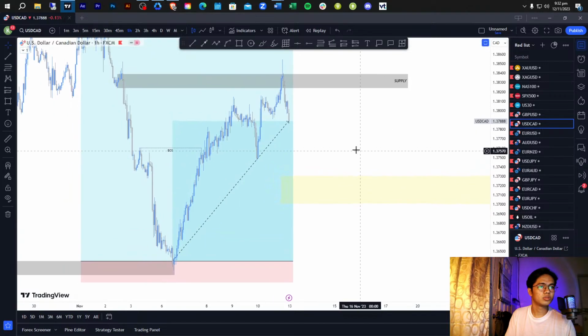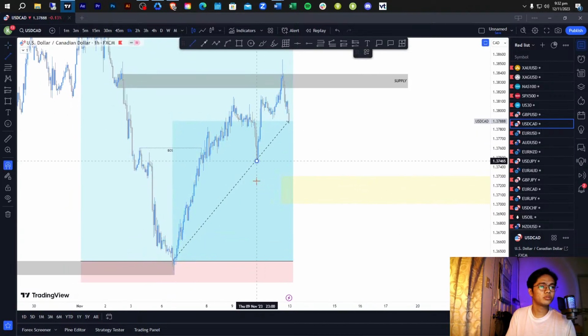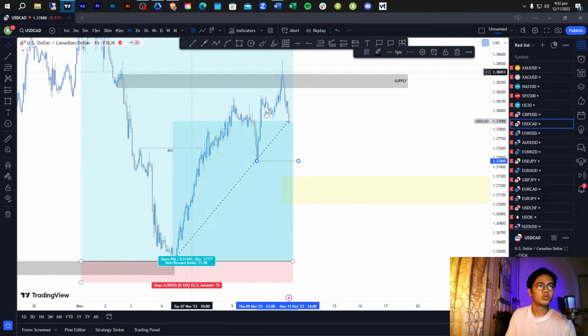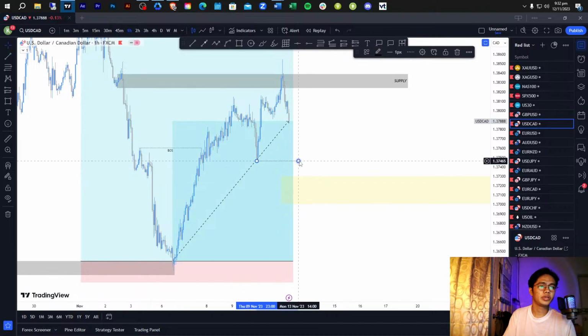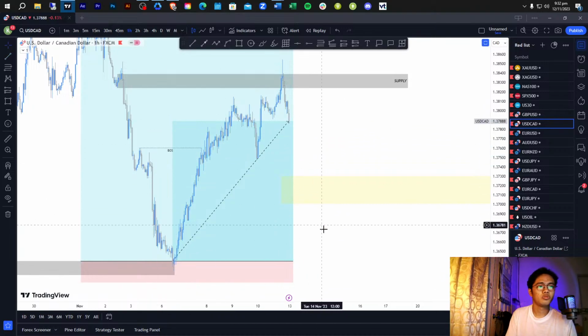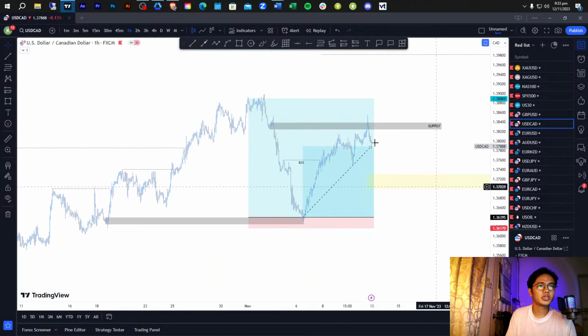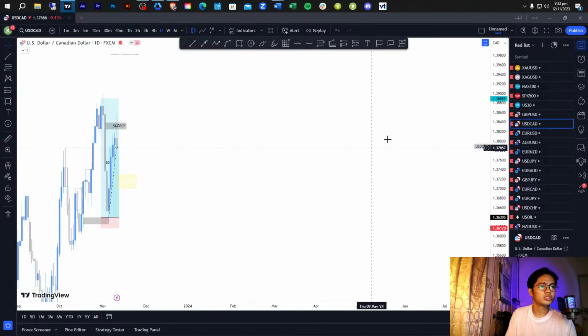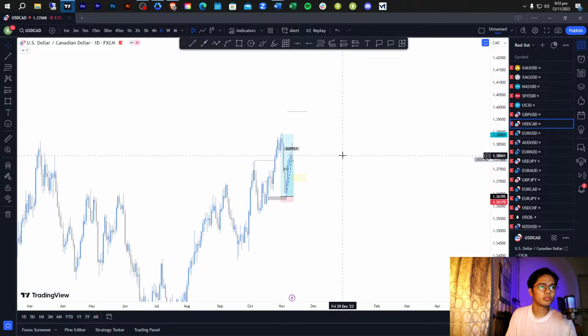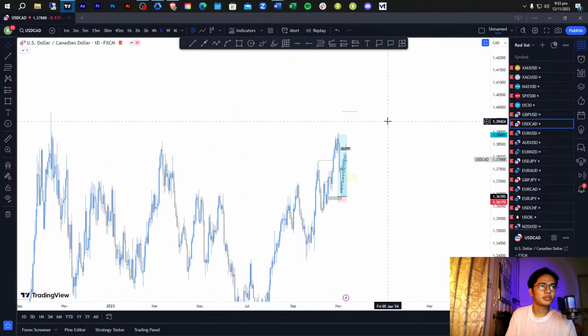So let's see if the price will break this low, and then we can see a down movement from USD CAD. But let's check first on the higher time frame.